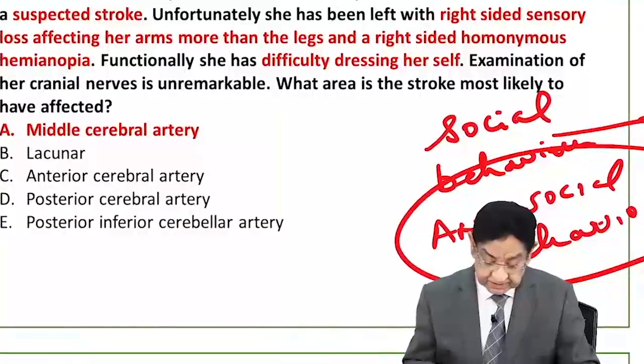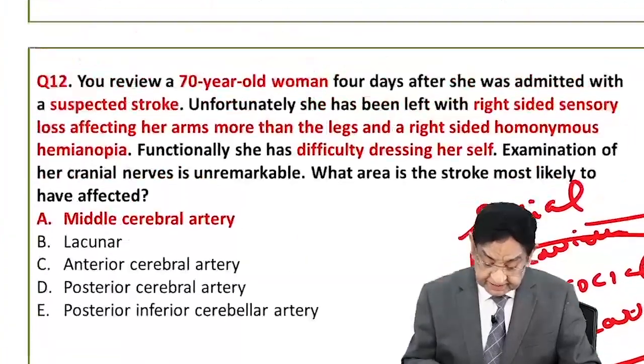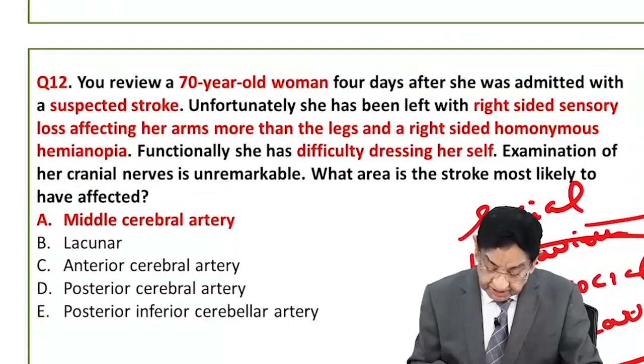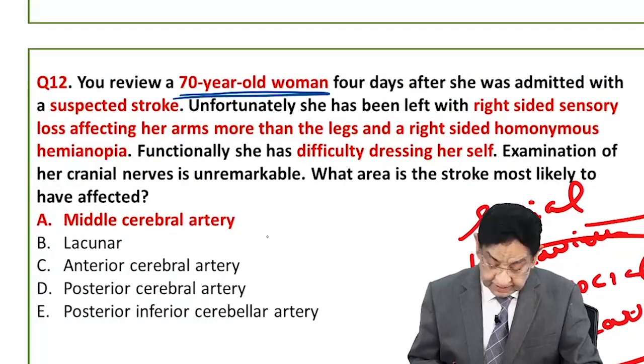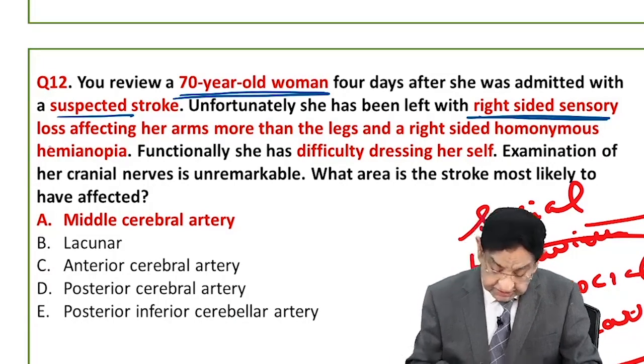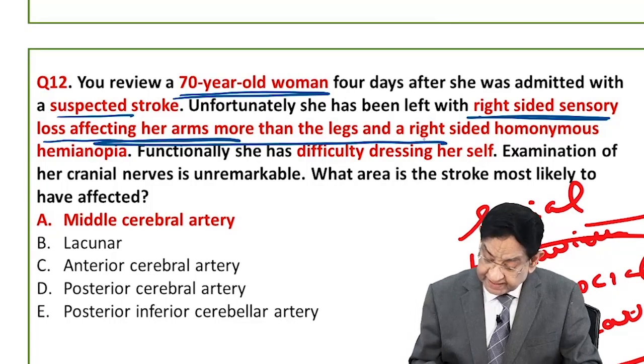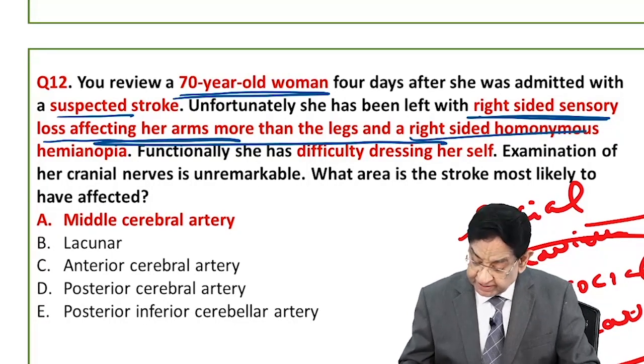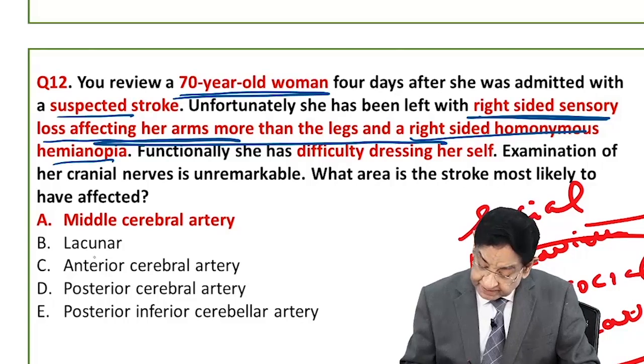So friends, we are getting a patient, 70-year-old woman, stroke, right-sided sensory loss, arm more than the legs, and right-sided homonymous hemianopia.